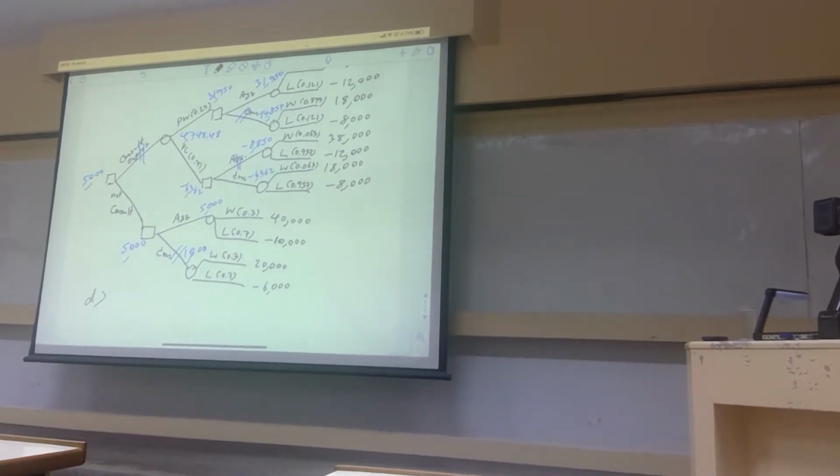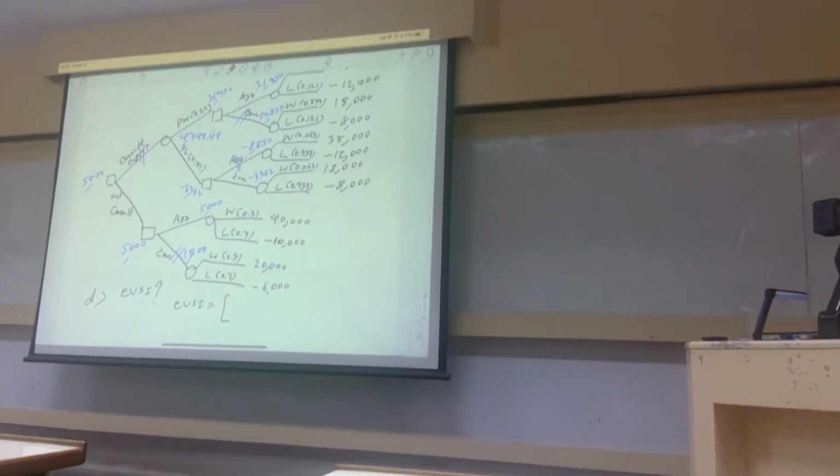So they ask us about the expected value of sample information, or EVSI. So in this case, EVSI is going to equal the EMV of the best decision in the case that we have information.